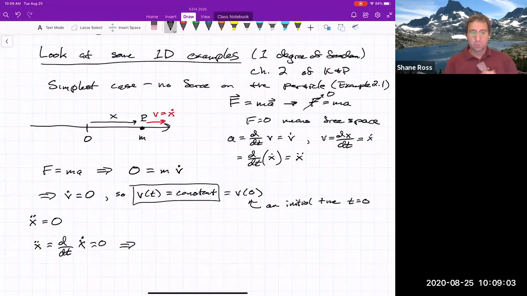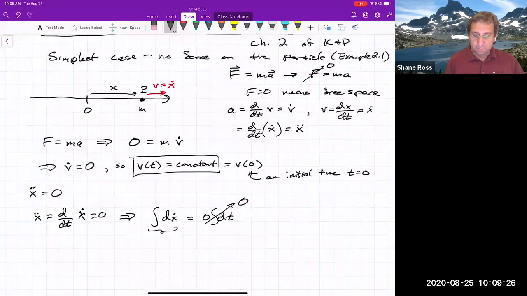And what can we do with this? Well, we'll do separation of variables and then integrate. So this looks like dx dot equals 0 dt. Integrate both sides. Well, there's a big 0 in front, so who cares about this side? This is 0. You integrate this part, and you get x dot as a function of time plus some constant of integration equals 0. Okay, so we just did an integral.